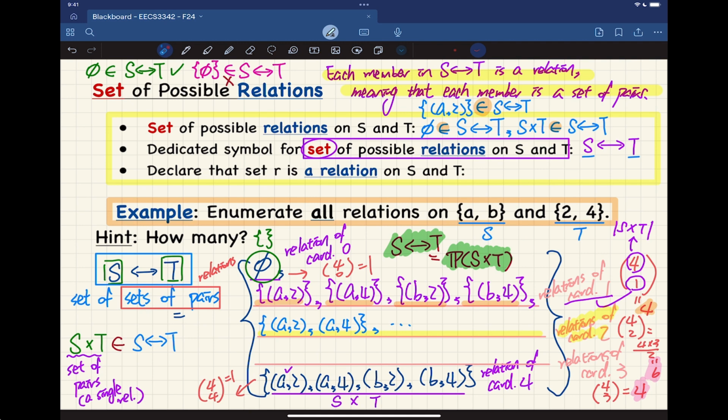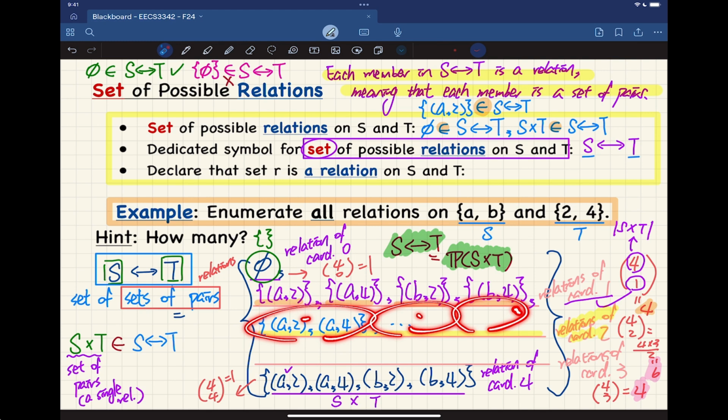Okay, if I understood your question correctly, if you're worried about repetition, the choose operator itself, by its interpretation, is not supposed to include any repetition. So when you calculate 4 choose 2, it gives you the answer 6. That means if you enumerate the 6 relations over here, all 6 of them will be all the possible ones without any repetition.